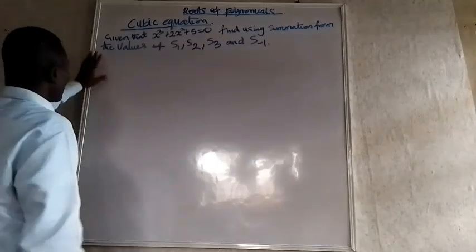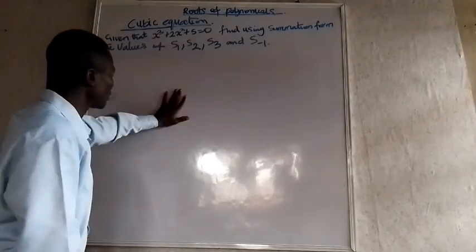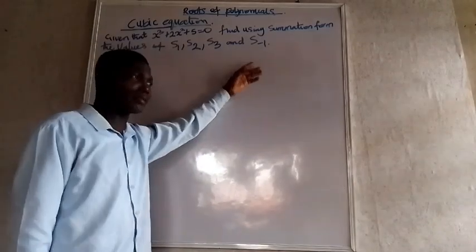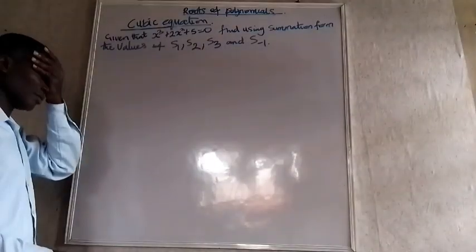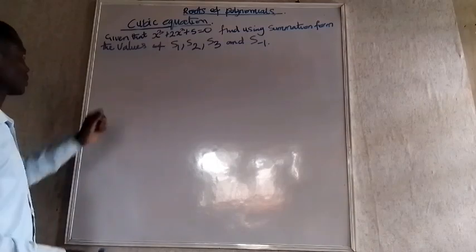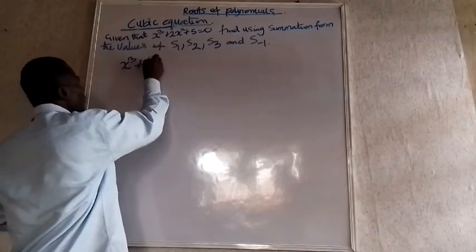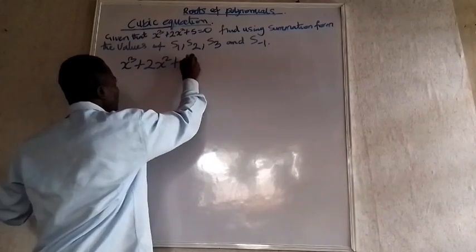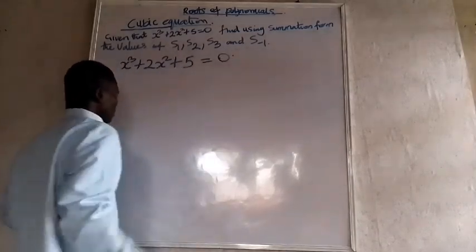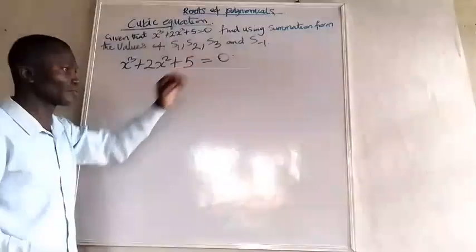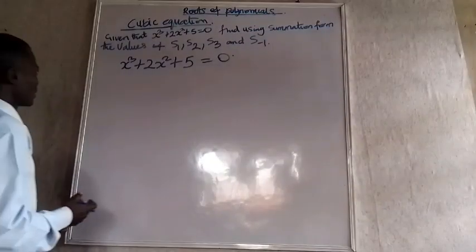Now let's look at this. Given that x cubed plus 2x squared plus 5 equals 0, find using summation form the values of s1, s2, s3, and s minus 1. You know we have gotten some of the formulas. Now let's apply. Now let's write it out, because normally this is supposed to be up to 4 places.